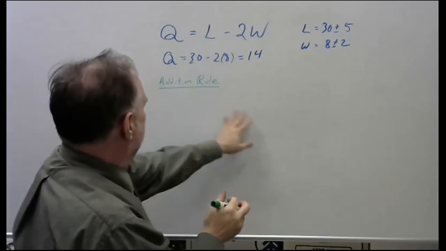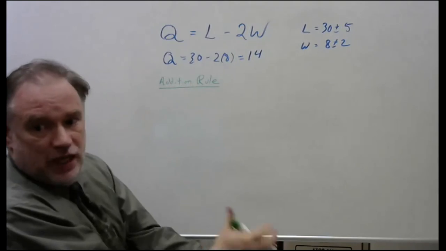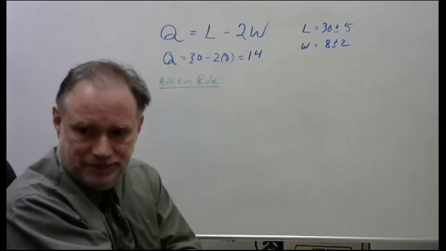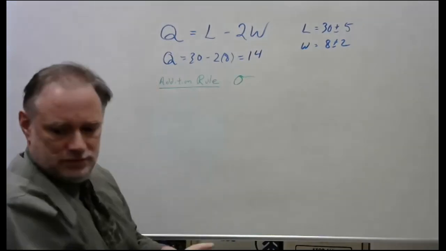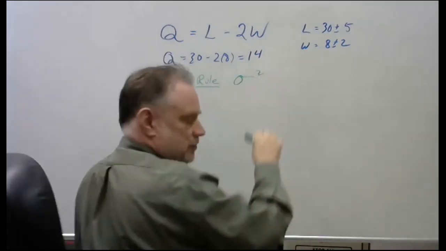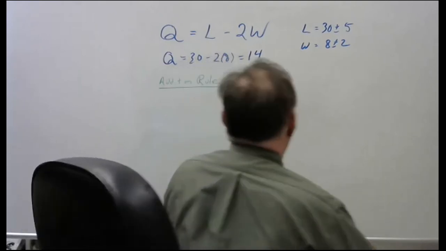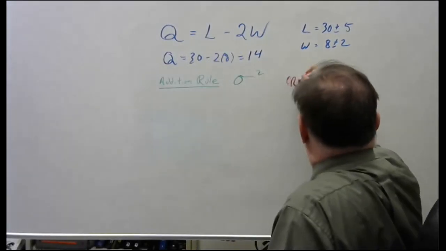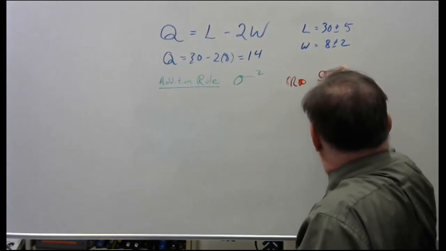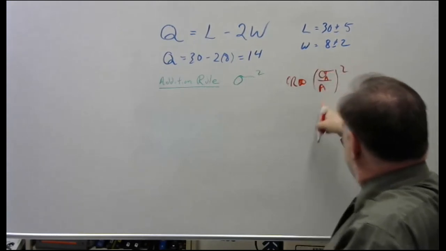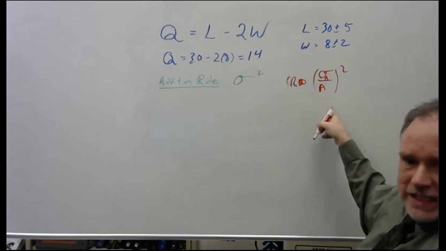So for every variable, I'm going to write a sigma squared, not a ratio. For the product rule, it was sigma over the number, a ratio squared. That's the difference.